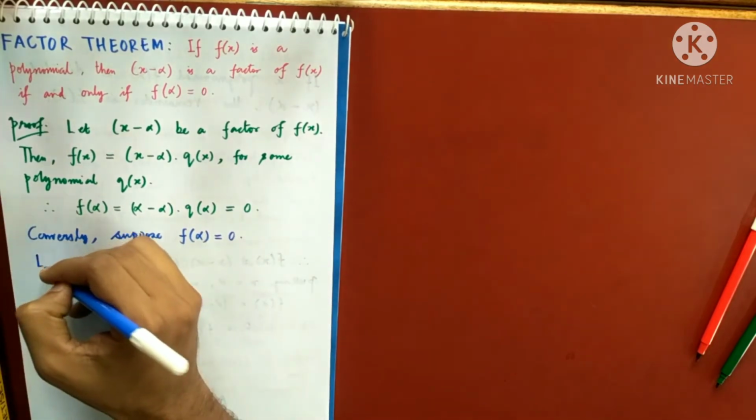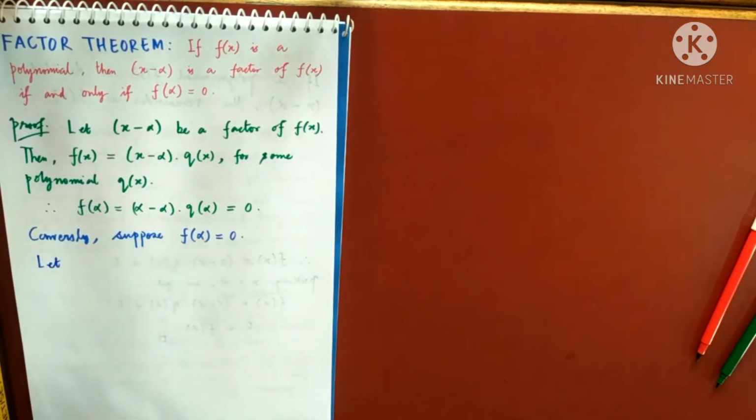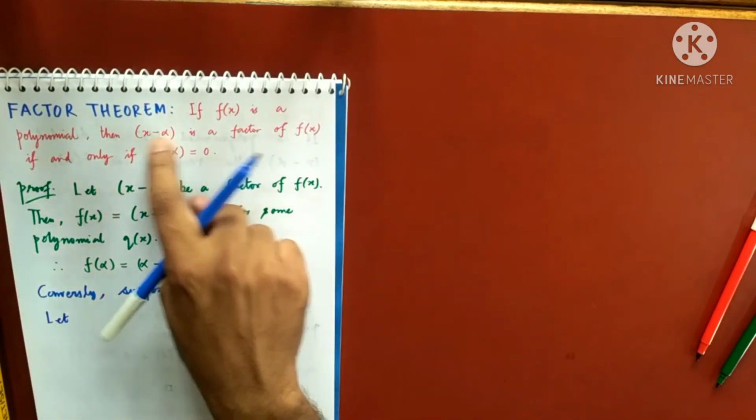I definitely know that the remainder is going to be a constant because this is a linear polynomial.